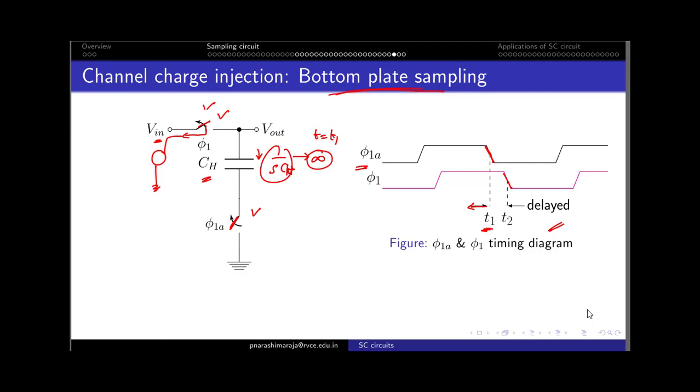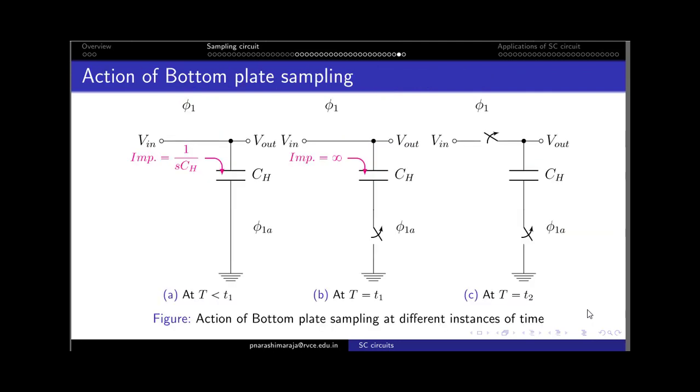So this seems to be a much more genuine way by which I can completely eliminate the channel charge injection problem. The same thing is reflected for a time less than t1: this capacitor CH poses an impedance value of 1 by SCH, and later at time t equals t1, the switch opens up, and the same path represents an infinite impedance.